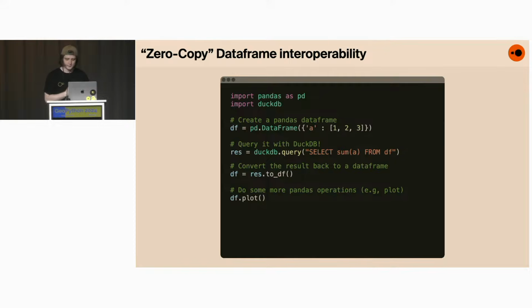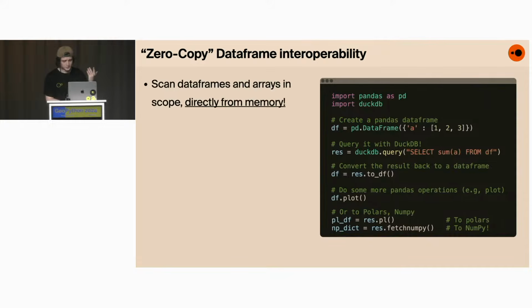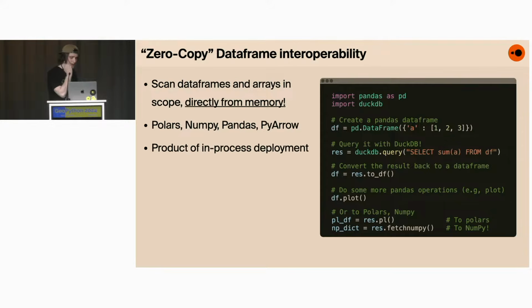Use these methods and functions that DuckDB doesn't support, like plotting, right? And this also works with polars and NumPy and PyArrow as well. So yeah, it allows you to scan data frames and arrays in scope directly from memory. As I said, polars, NumPy, pandas, and PyArrow. And this is a product of being an in-process database. This is only really feasible because we share the same address space as pandas or Python in this case. So the idea is that you can use the best tool for the job.